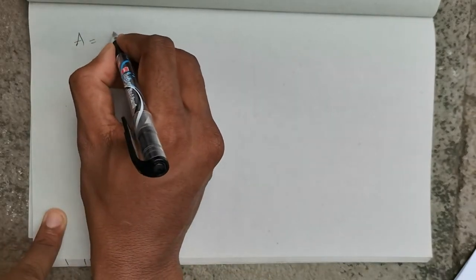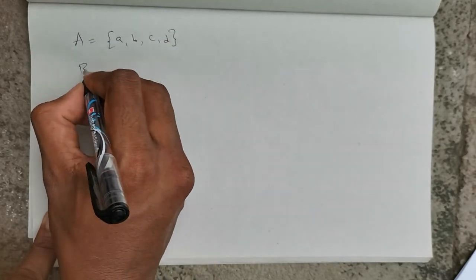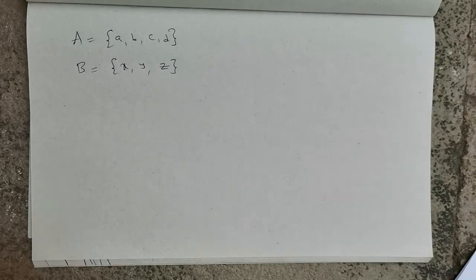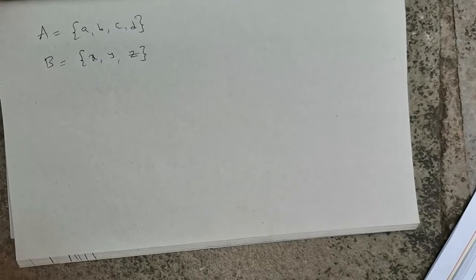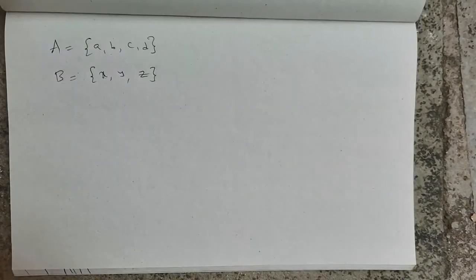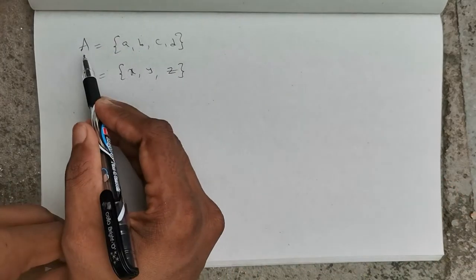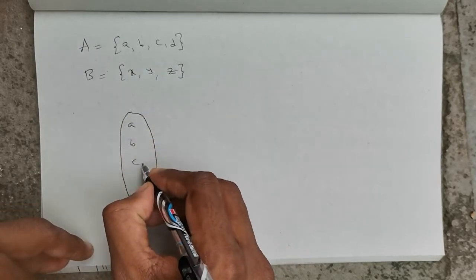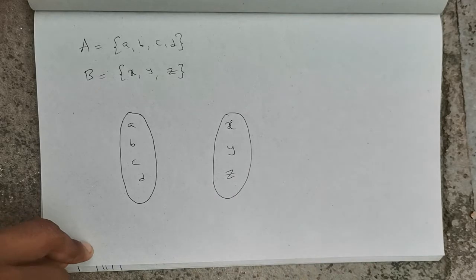Set A is equal to A, B, C, D, and set B is equal to x, y, z. Is it a 1 function? Easily we can say it is not a 1 function, because in set A we have 4 elements A, B, C, D. In set B we have only 3 elements x, y, z.